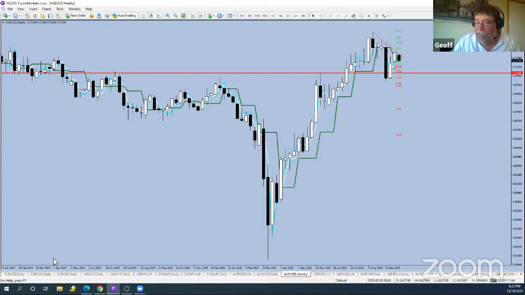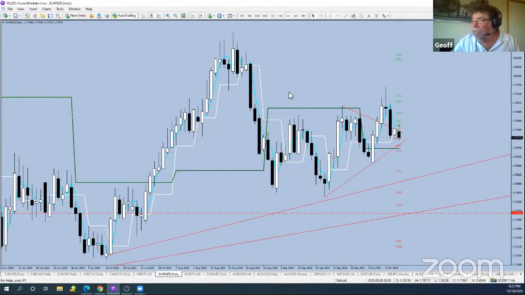Euro Kiwi, yeah, Euro Kiwi. This chart was showing me, and I won't say it's a clear tradable false break, but it's definitely a clear false break. I chose not to trade this, and I'm not 100% happy with that decision, to be fair.